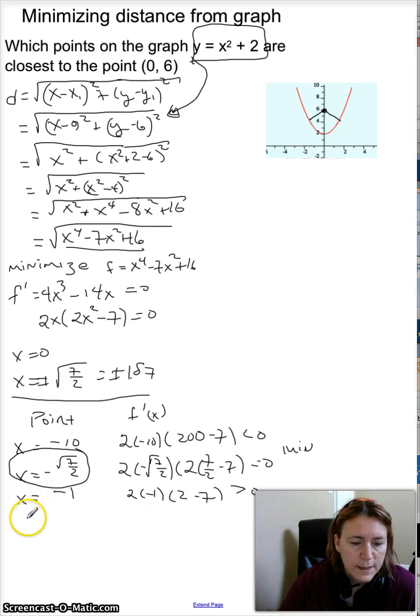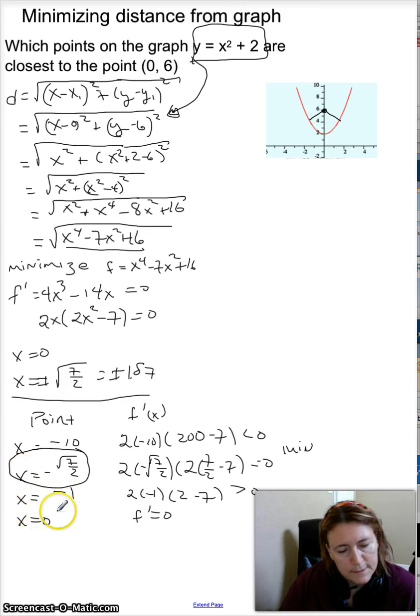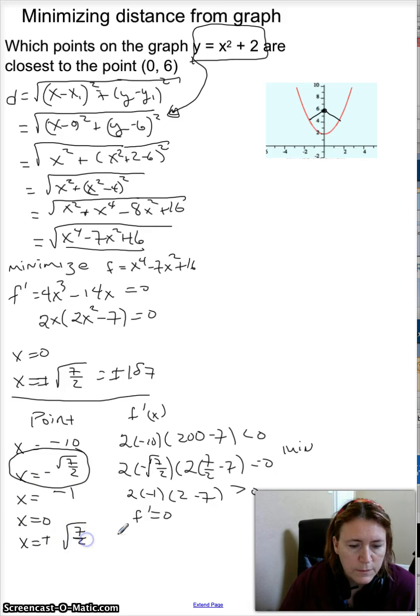Now let's look at x equals 0. The first derivative is 0. Now let's continue going this way. Let's look at x equals positive square root of 7/2. We have 2 square root of 7/2 times 2 times 7/2 minus 7, which is 0. Whoops, I should have looked at x equals 1. Happens.